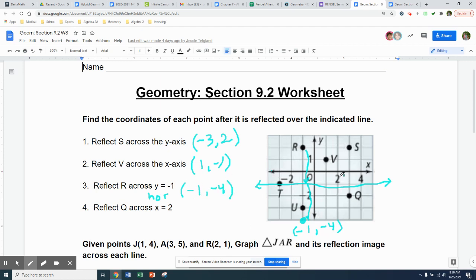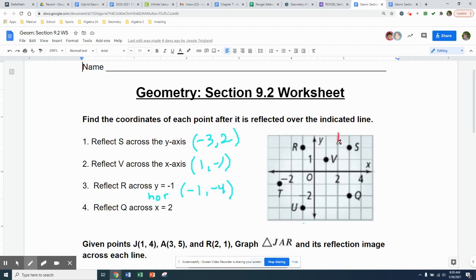So how we can reflect over the x and y axis, we can reflect the same if we're reflecting over a line such as y equals -1. Then our x equals equations. X equals equations will travel vertical. So y equals travels horizontal, x equals travels vertical.